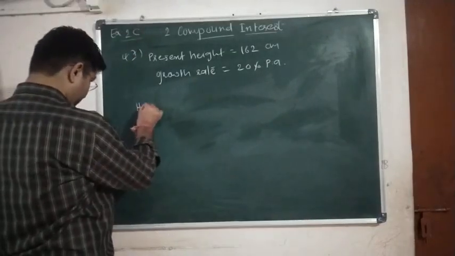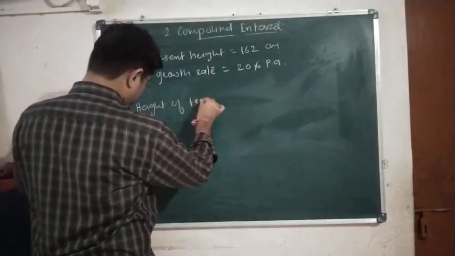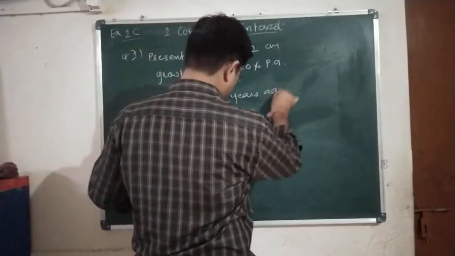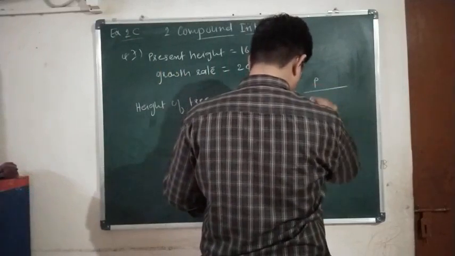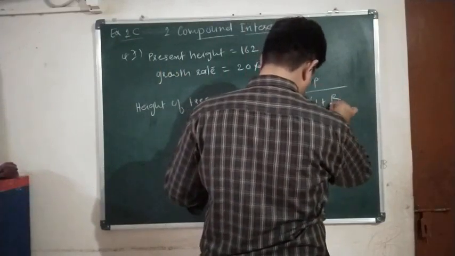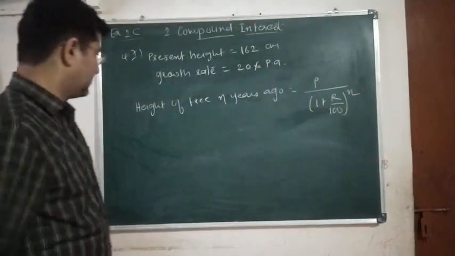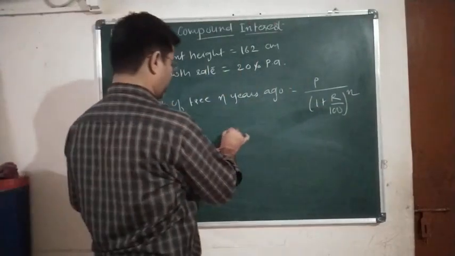So height of tree n years ago will be given by present height P upon 1 plus R upon 100 raised to n. Now n, that is 2 years. Yes or no?